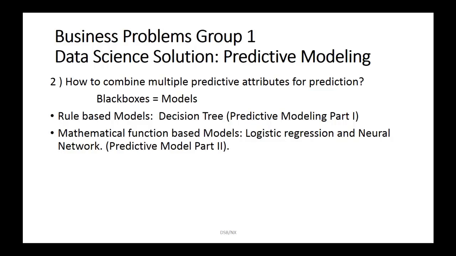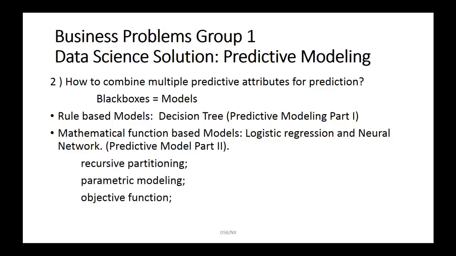For example, logistic regression or neural networks, which is a topic we will cover in the module Predictive Modeling Part 2. A number of key topics that we'll also cover in these two modules are recursive partitioning, parametric modeling, objective functions, and optimization.